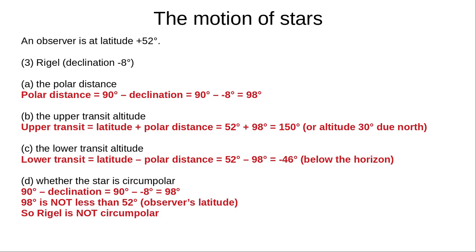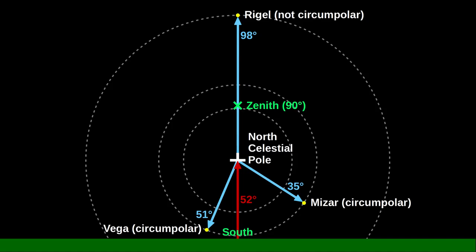And 90 degrees minus negative 8 degrees equals 98 degrees. This is not less than 52 degrees, the observer's latitude. And, as we noted, the lower transit is negative, below the horizon. Rigel is not circumpolar.